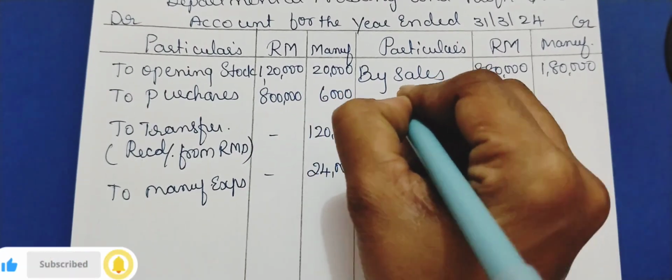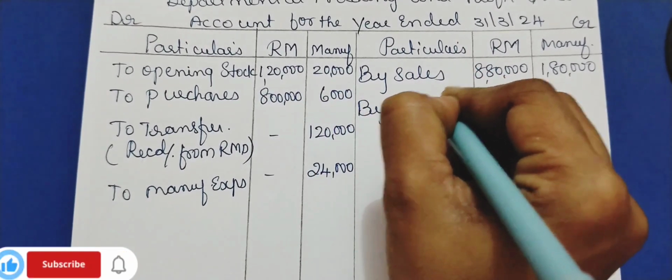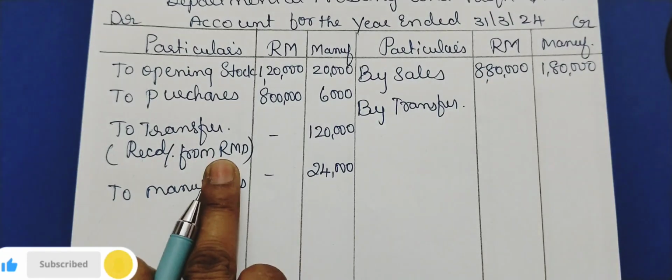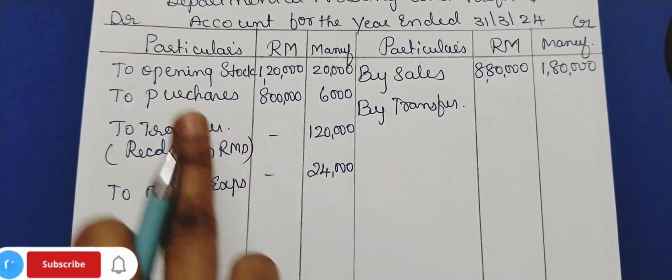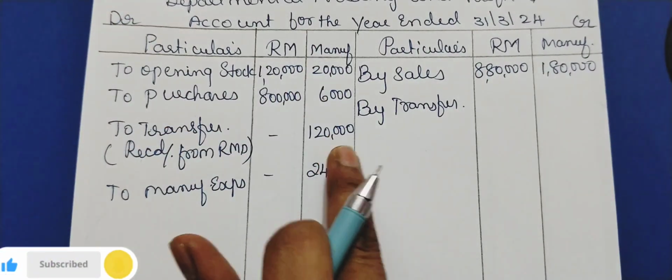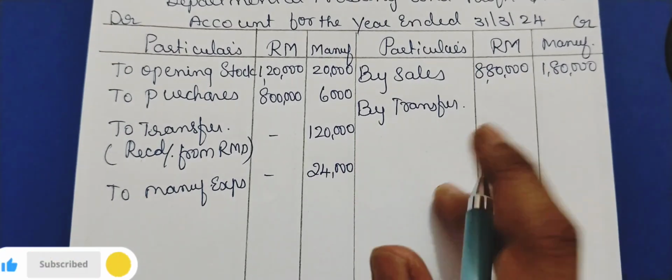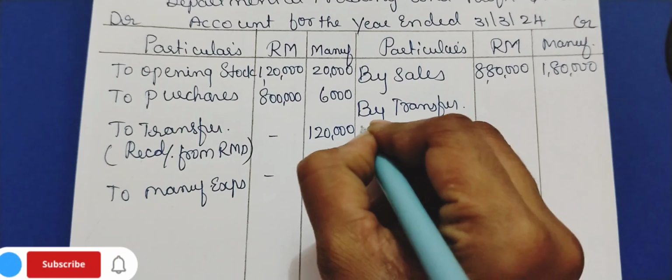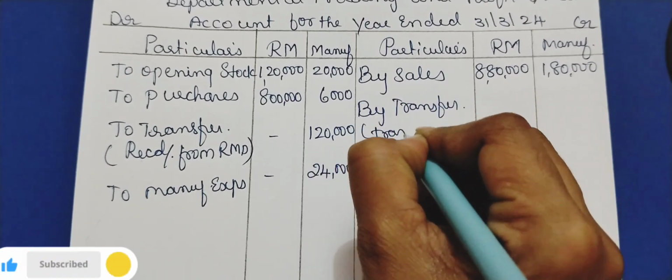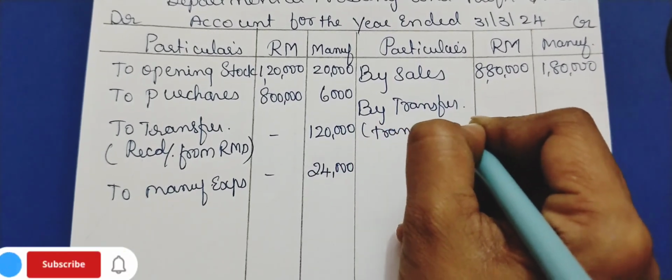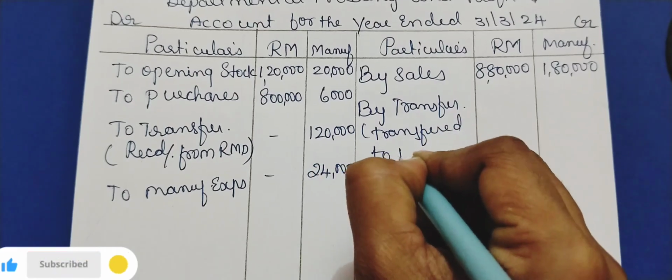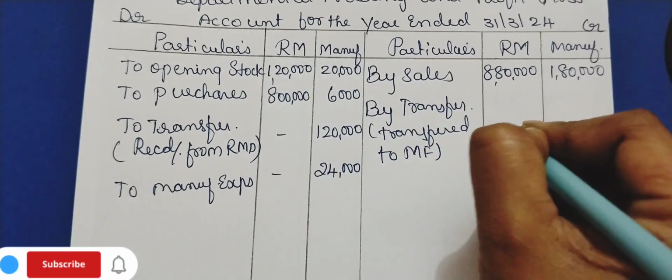By transfer, see here, for purchase be debited to the concerned department. Here for sale, it is sale for the raw material department. Transferred to manufacturing department.